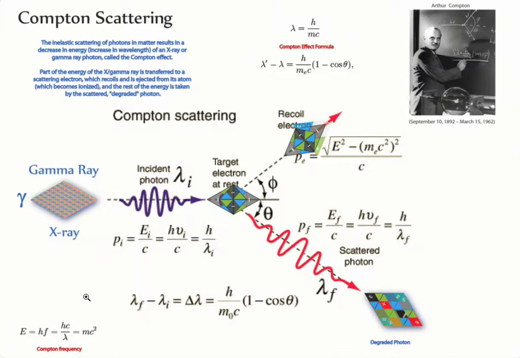Another effect is Compton scattering, where we can bring energies to a rest piece of matter, in this case an electron. The electron's at rest. The gamma ray or X-ray incident photon or EM wave comes in. Some of its energy goes to the chem field to create motion for the matter. None of it ends up in the mass of the matter.